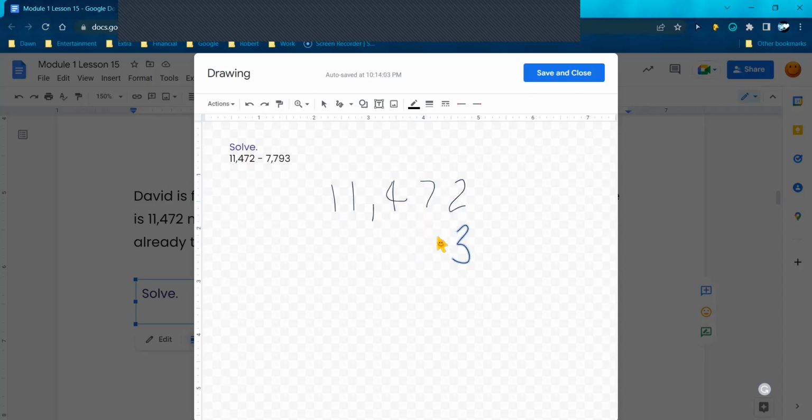Under the 7 in my tens column, I'm writing a 9. Under the hundreds column, where I have my 4, I'm writing a 7. And then underneath my 1 in thousands column, I'm writing a 7.